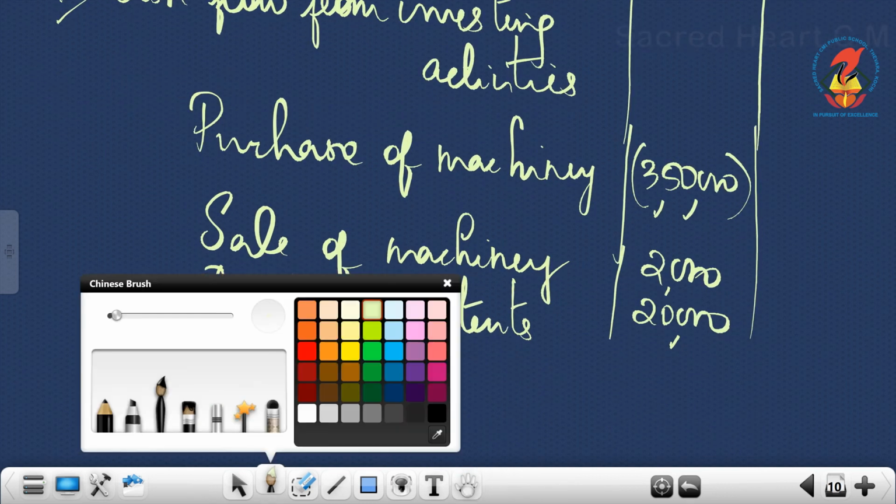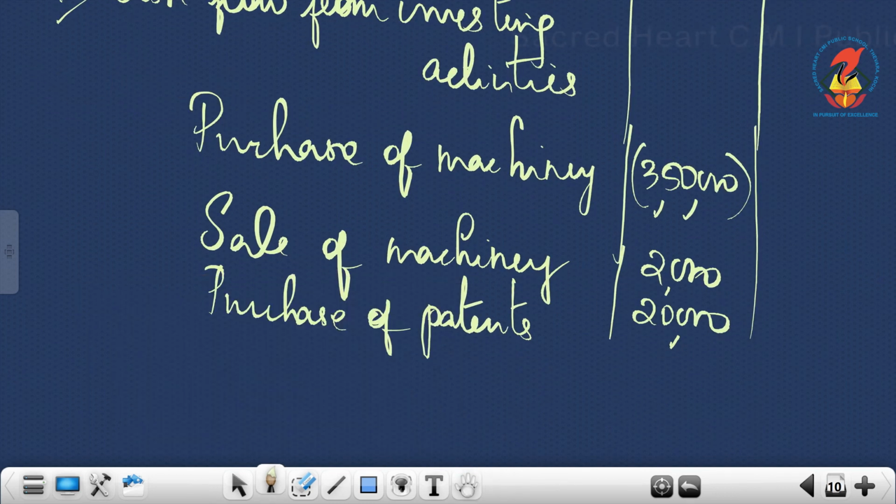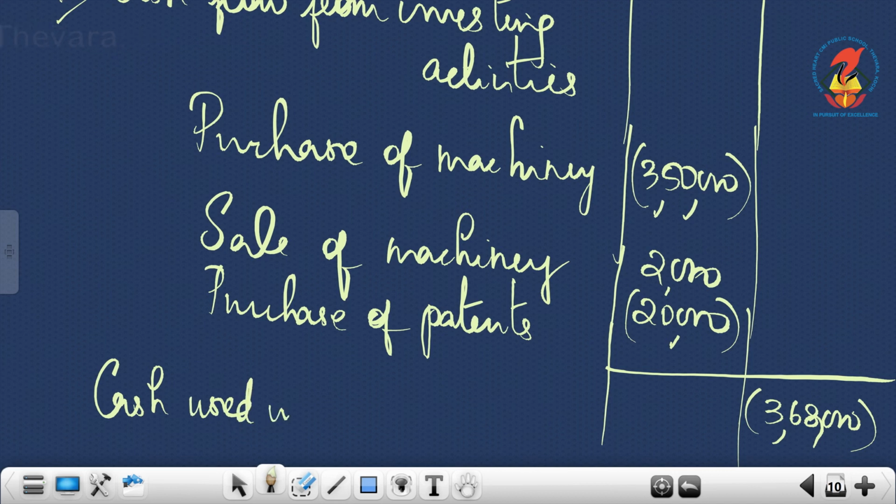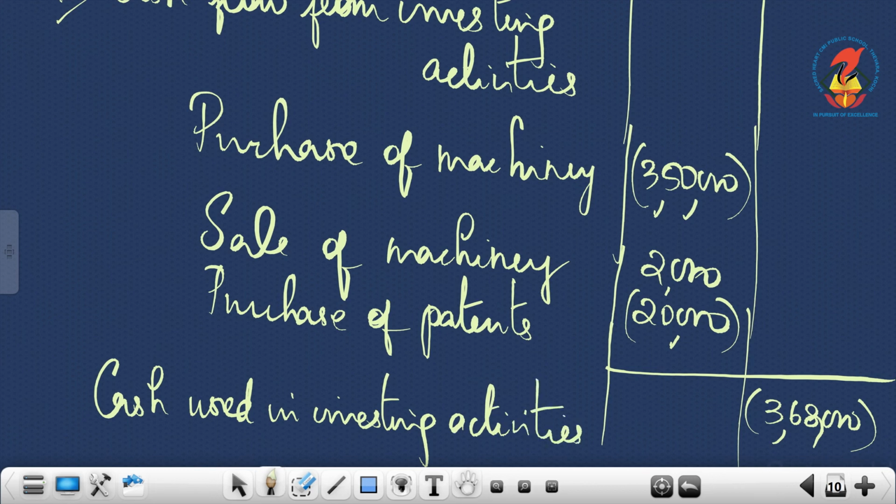Sorry, it is going out, no. We are purchasing patents, so it is cash outflow, which is a negative figure, so write it as minus 20. So now it will be a negative figure finally, that is cash used. You have to write, the figure is minus 3,68,000, cash used in investing activities.